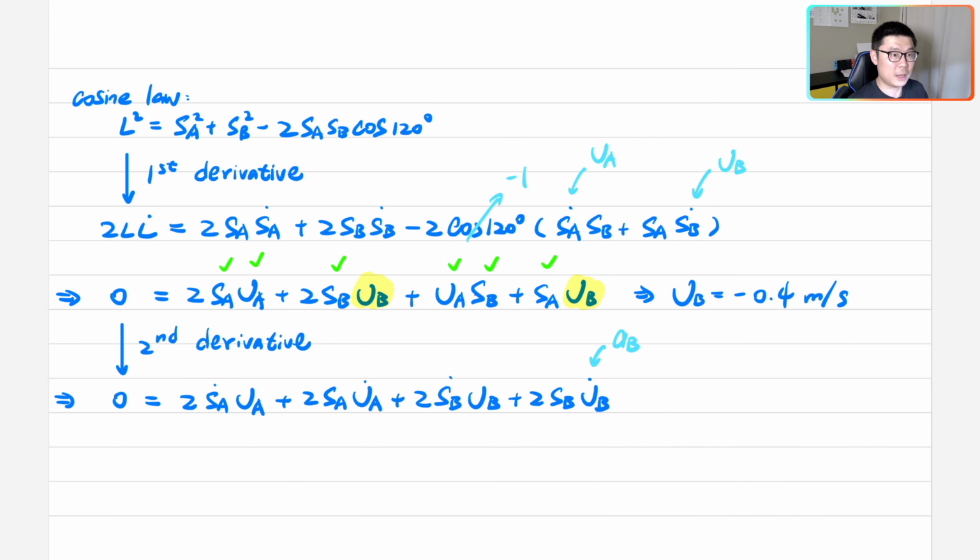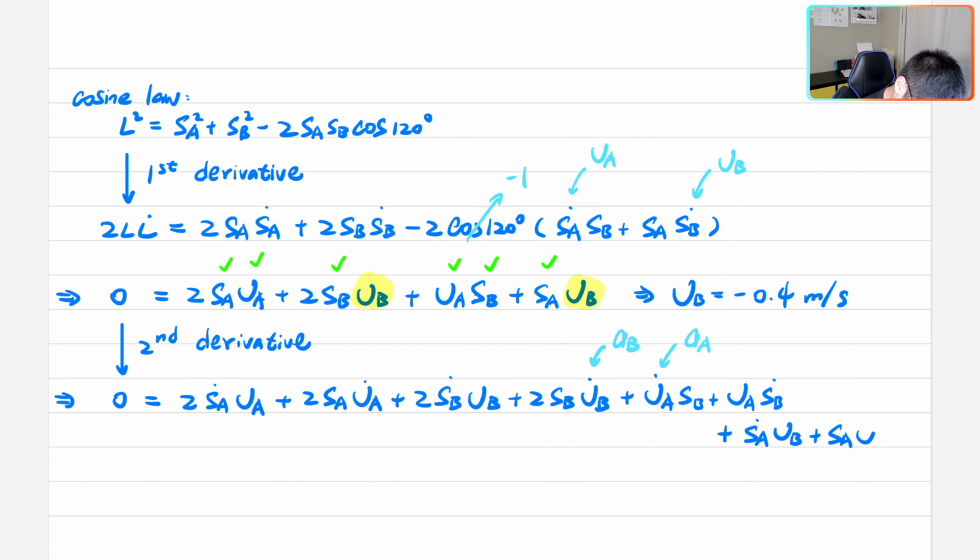The last one will give us SA dot VB plus SA VB dot. I'm running out of room here, so I'll just put it here. It's a very long equation. As long as you're being patient, you should get it right. You have many variables in here. Make sure you treat the variable as a variable. When you take the derivative, you need to multiply that variable again.